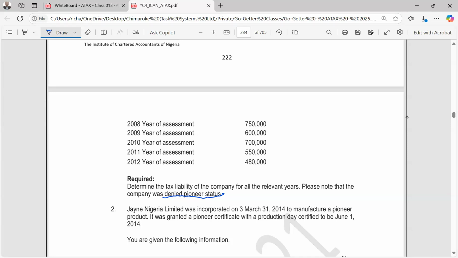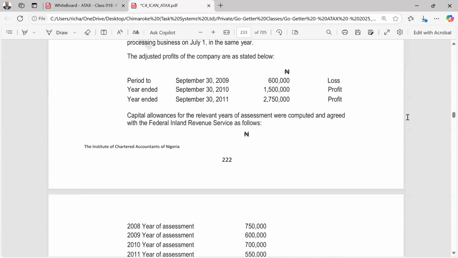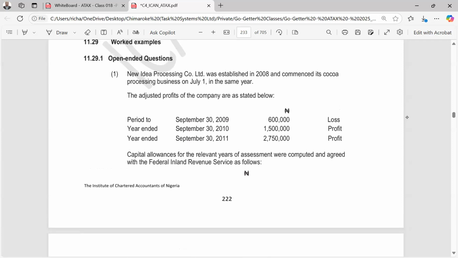So we will treat it as a pure commencement of business question. Now, take note here that in commencement of business, we need to know whether it falls during the era of Finance Act 2019 or before. You can see here that it is before Finance Act 2019.